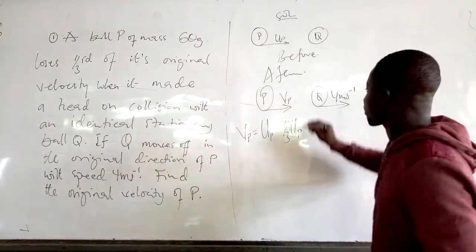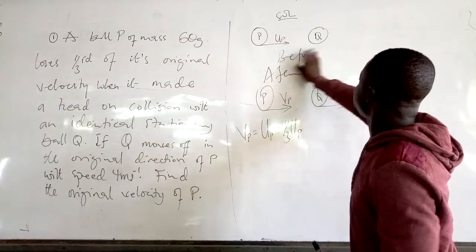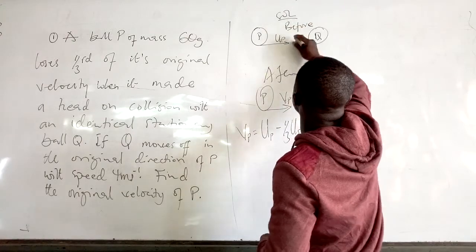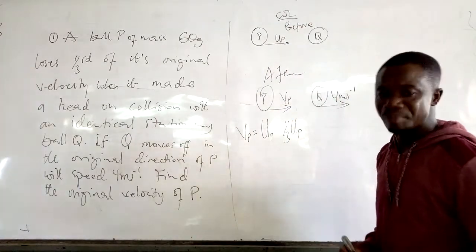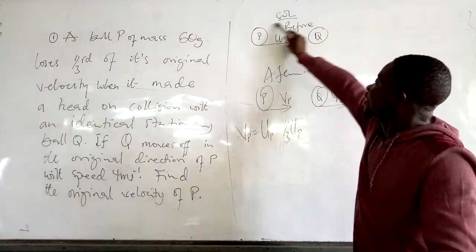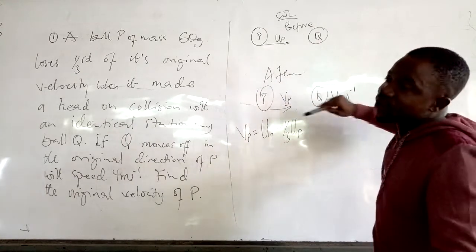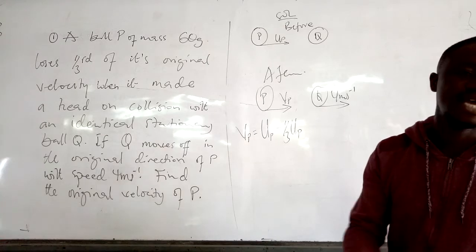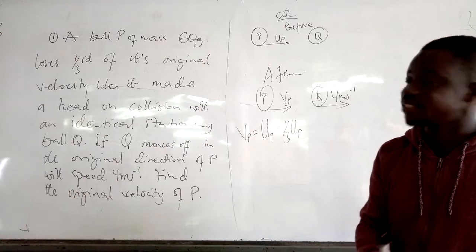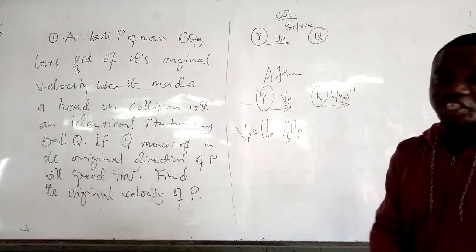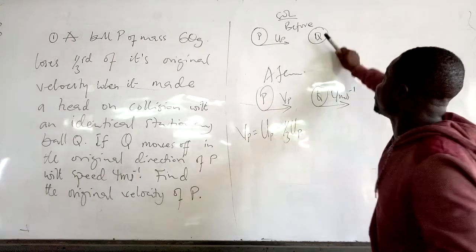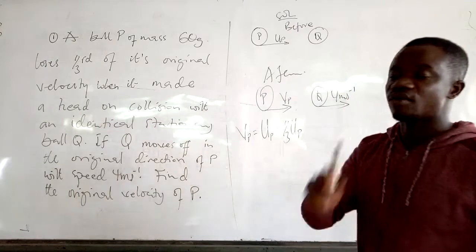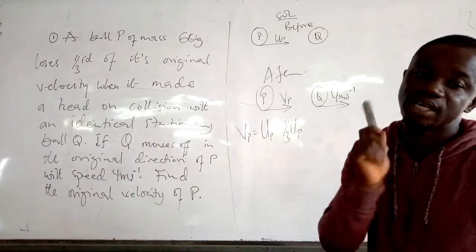Good. So this is before collision, and this is after collision. Remember, this sketch and this information you write here only helps you to answer the question correctly, but it doesn't fetch much marks. So do not waste much time on this. Always think of the formula, the substitution, and the final answer.